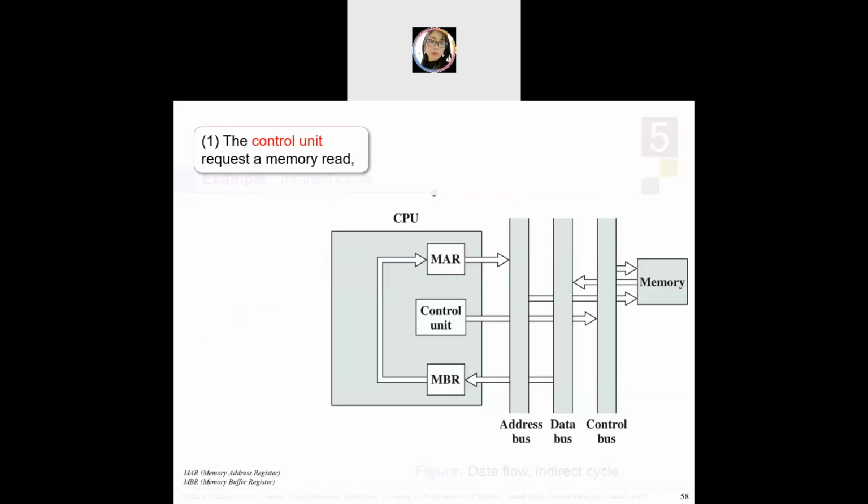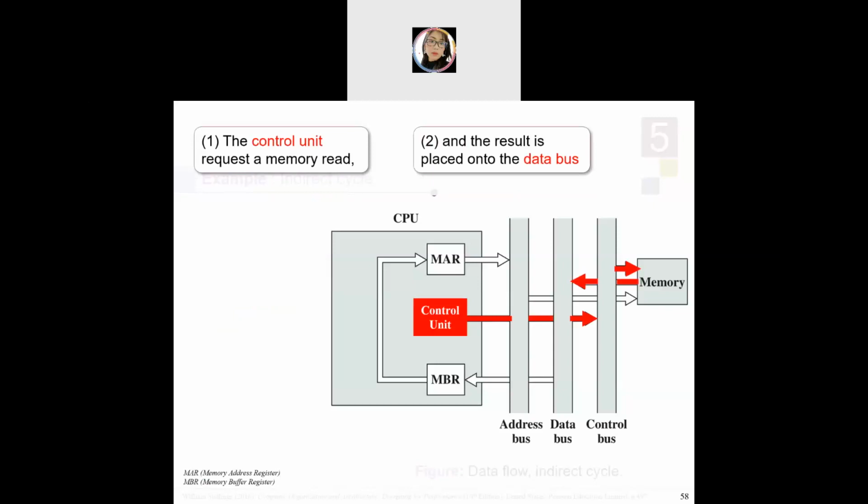So first, the control unit requests the memory read. You have the information from your IR. Second, the result is placed on the data bus. This one is actually already done with step number 1.